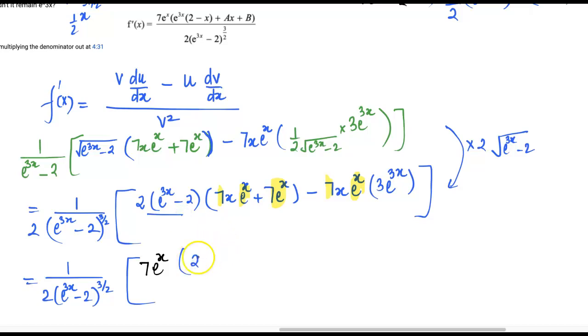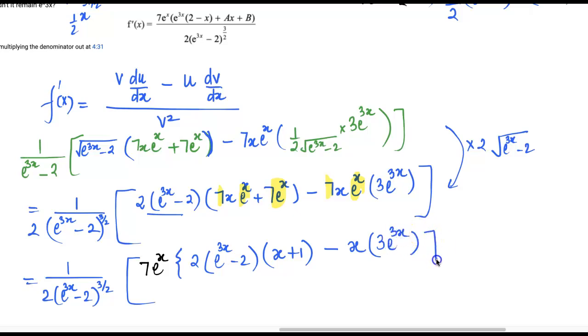2, let me add curly bracket over here. 2 e to the power 3x minus 2, and there we have x plus 1 minus x, there we have 3 e to the power 3x. Correct? Okay.